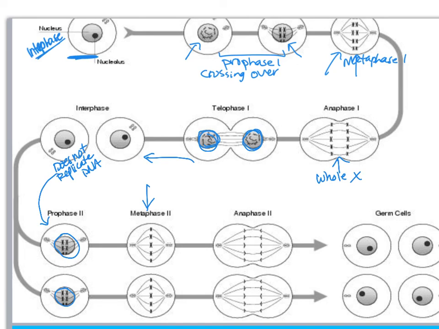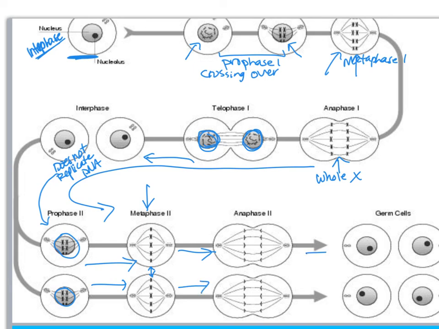In metaphase 2, notice there are 2 cells because we formed 2 cells, and now those 2 cells have to go through meiosis 2. In metaphase 2, you're going to have 1 row of chromosomes. Then in anaphase 2, you have the V's. The X's are split into V's. Again, 2 cells. And then finally, you have telophase and cytokinesis, where you get your 4 haploid daughter cells.